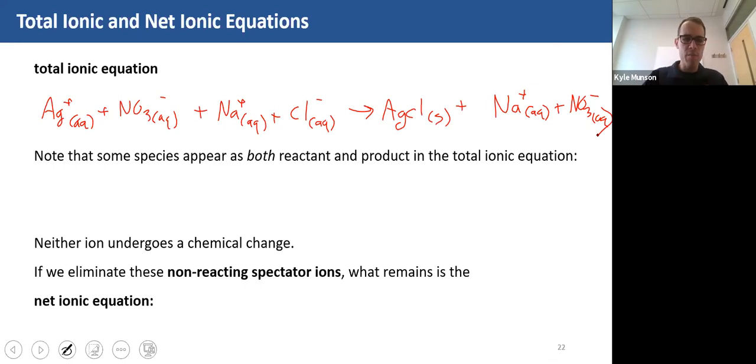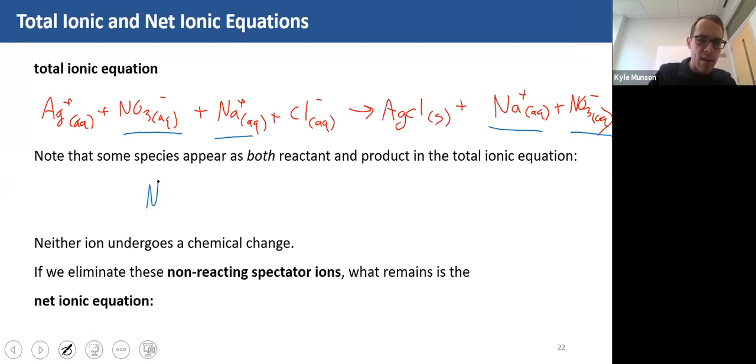Notice now there are species that occur on both sides of the reaction. Okay, so they're a reactant and they're a product. And if I look here, we see I have the nitrate ion over here and a nitrate ion over here, a sodium ion here, and a sodium ion here. They're exactly the same in the total ionic equation.